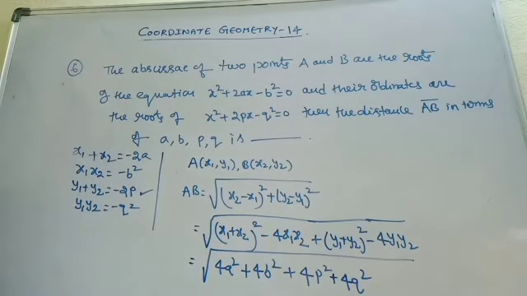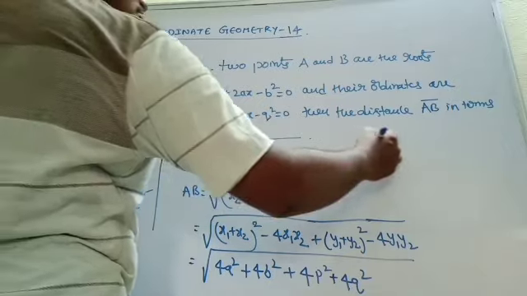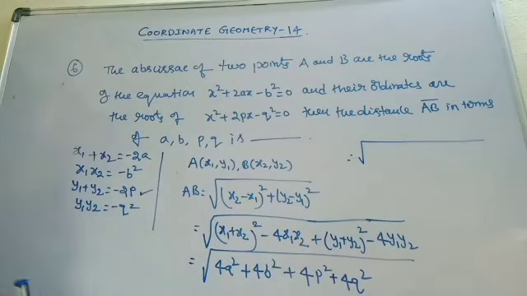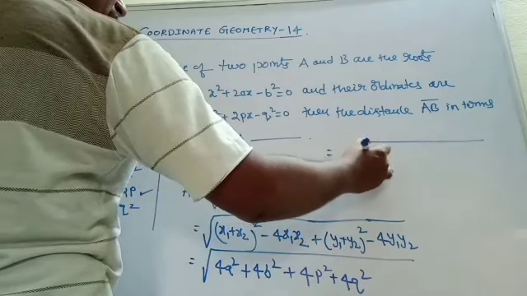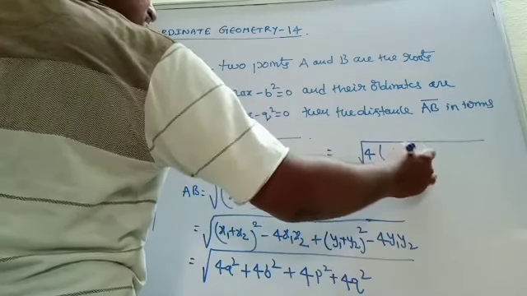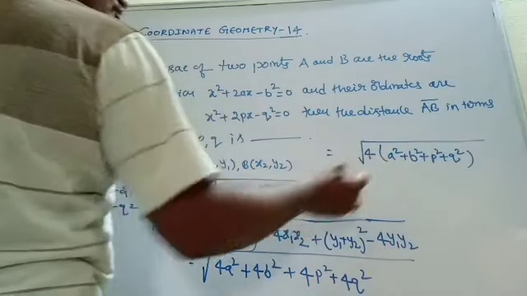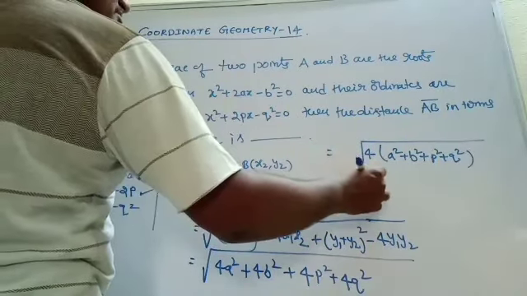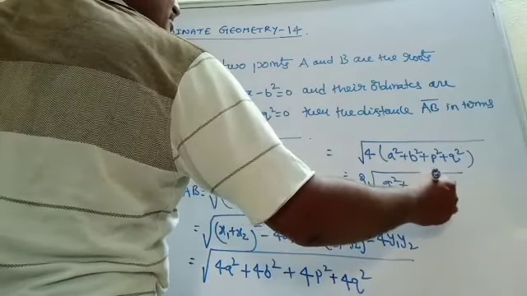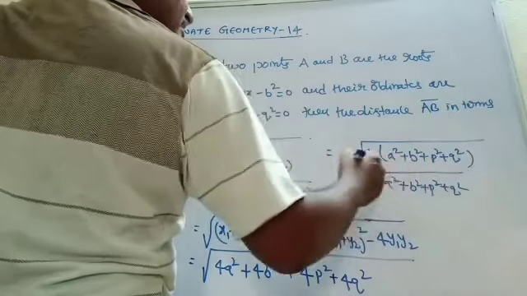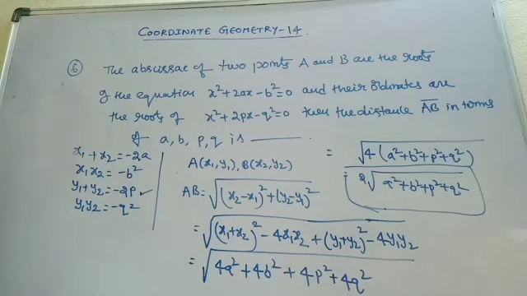Okay. Now, once we have got this, let us take the total. You can take 4 common. If you take 4 common, this becomes a square plus b square plus p square plus q square. And if you take 4 out of the root, it is 2 times root over a square plus b square plus p square plus q square, which is our final answer.